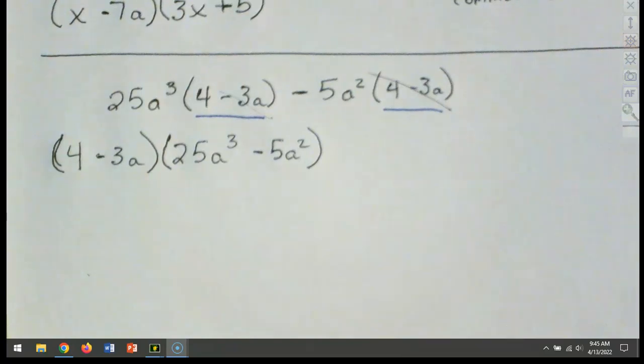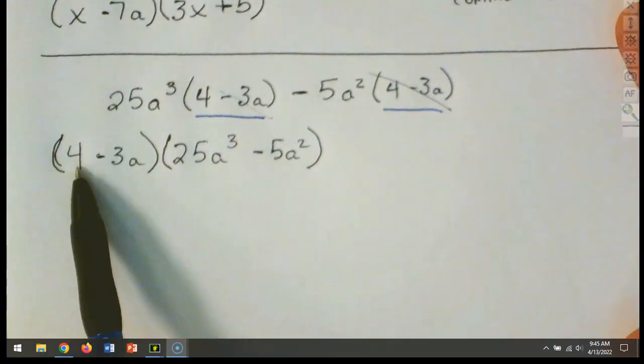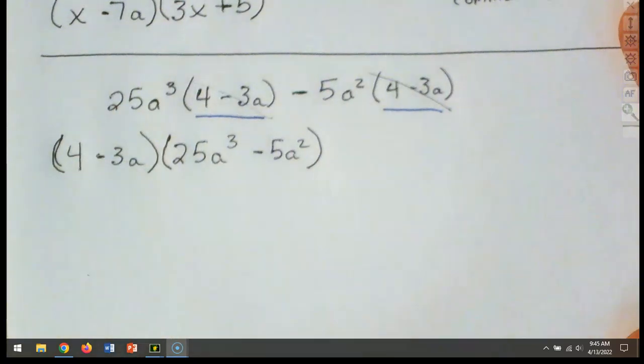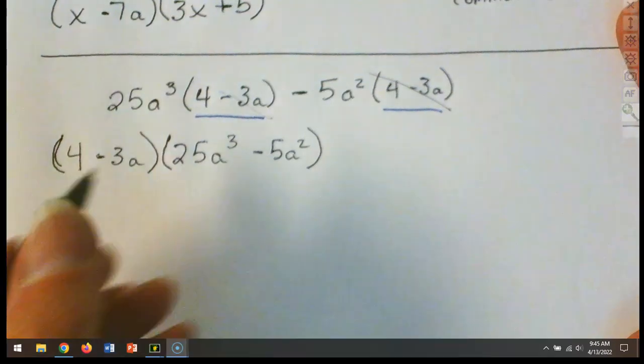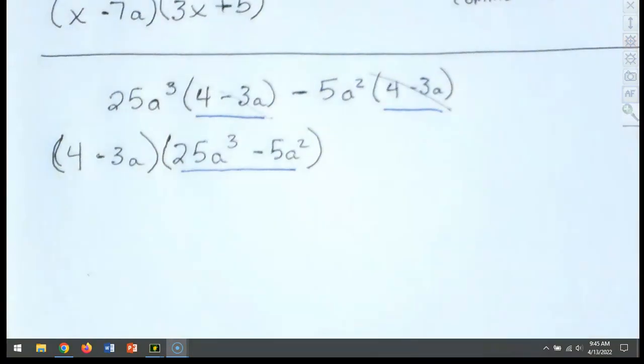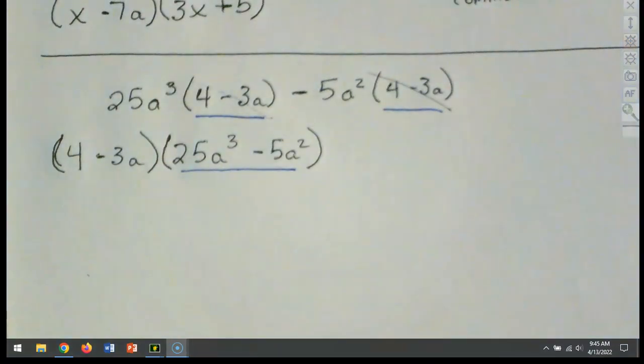So we've got our two sets of parentheses, and I'm going to look at each one individually. Inside this first set of parentheses, I have a 4 and a 3. So those don't have anything in common. So that's done. However, on the next set, I think there's something in common here. On the next set, I've got a 5 and I've got a 25.